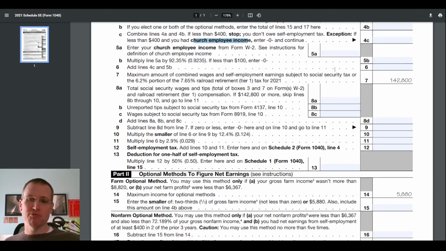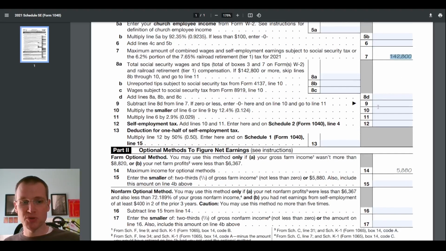And if the regular income from your normal job is more than $142,800, then you don't have to pay any more Social Security tax. You still have to pay the Medicare tax. That's the way it goes. They'll help you compute all these things, multiply by the tax rates, and then they'll tell you to go and enter the self-employment tax on Schedule 2.